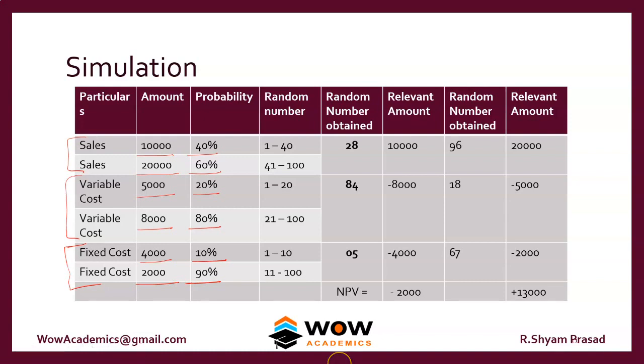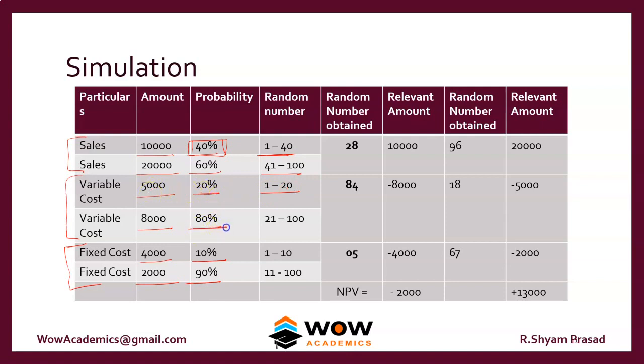So now we have to assign random numbers to this probability. So as it is a probability of 40, okay, we'll assign 1 to 40 for this. From the 41 to 60, there are 60 numbers that we'll assign to 20,000. The next one is variable cost has a probability of 20. So 1 to 20 we'll assign for this variable cost of 5,000.